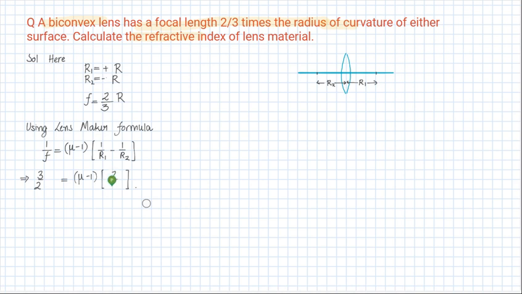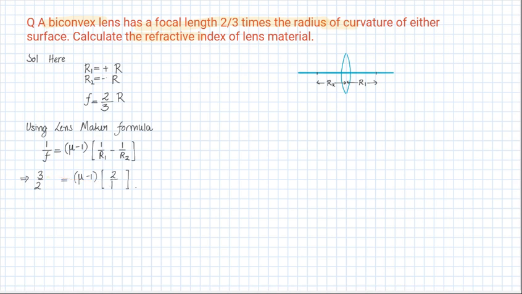I have 2 by 1. Now I will cross multiply. If I cross multiply, this 2 should go to the denominator and this 1 will go to the numerator.